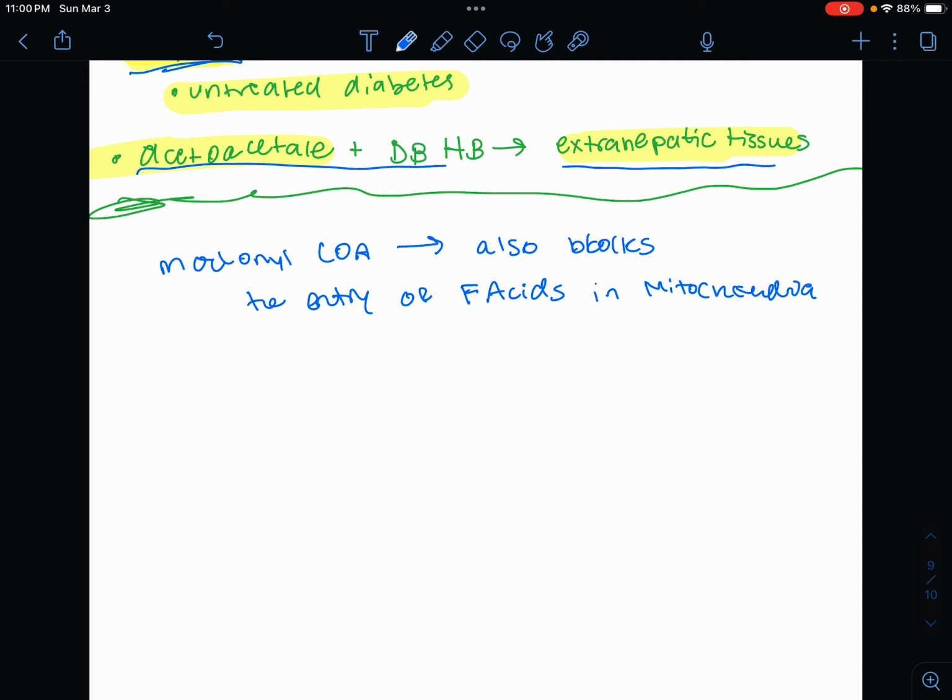It stops the carnitine shuttle. This prevents the simultaneous synthesis and degradation of fatty acids. Then I think the rest of the regulation portion, I guess we'll just cover it in the next video about the synthesis of fatty acids.